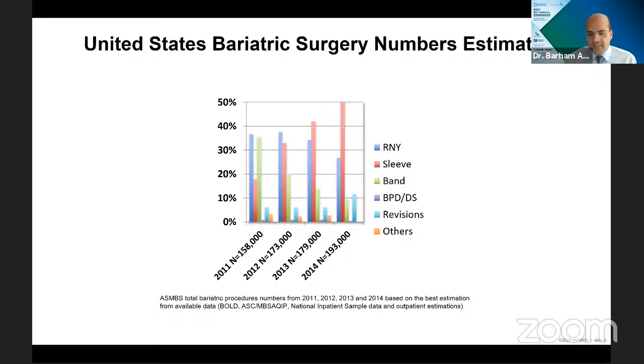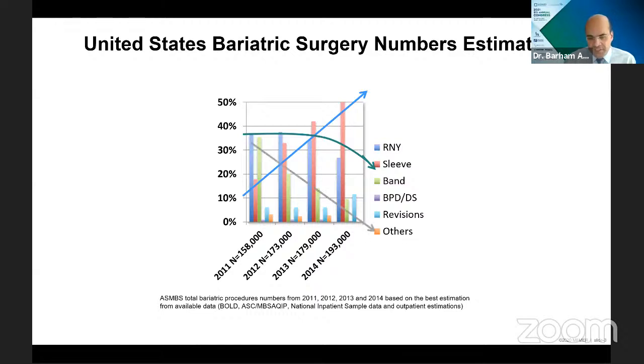So these are the trends of bariatric surgery. And as you all know, this being predominantly a surgical meeting, the number of sleeve gastrectomies globally is going up, similar in the US. The number of gastric bypasses is going down, not because the procedure is not good, but because it's a more challenging procedure than the sleeve gastrectomy.